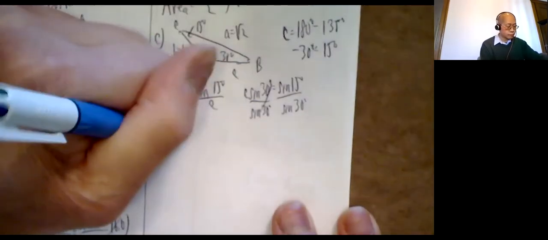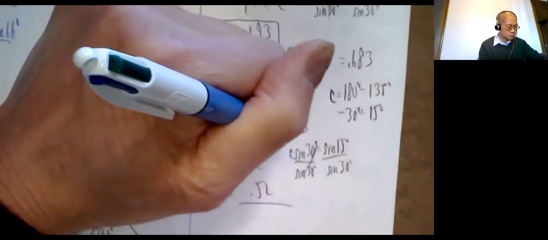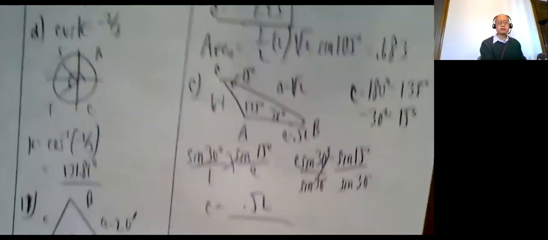Cancel. All right, so sine 15 divided by sine of 30. Sine 15 divided by sine 30. 0.52. It's about 0.52.